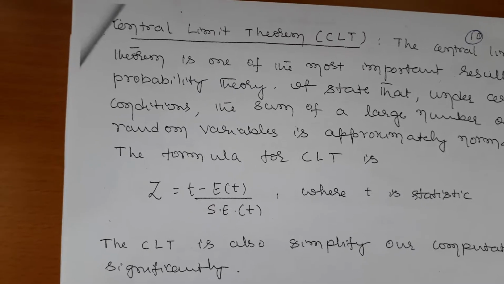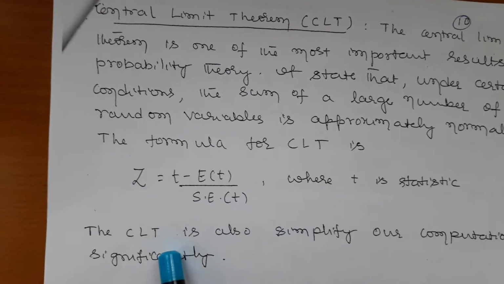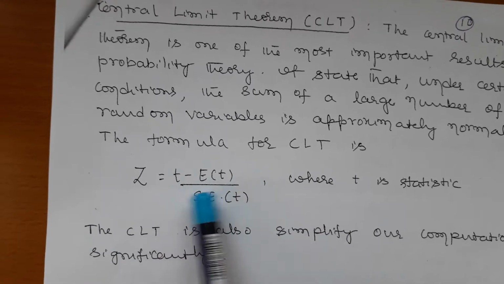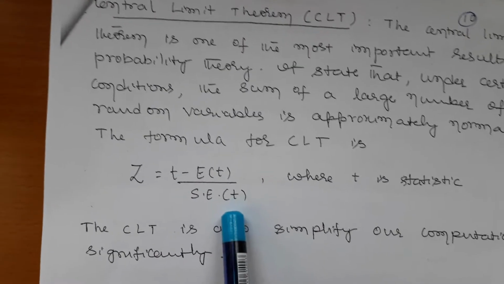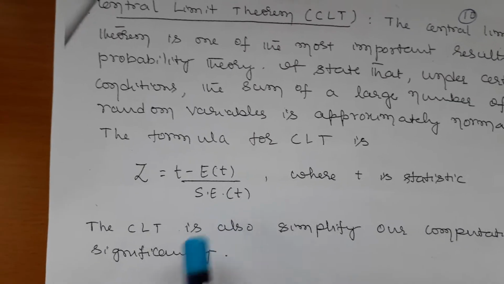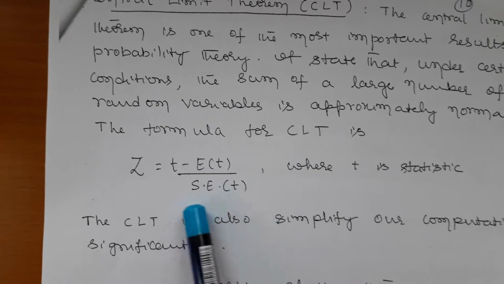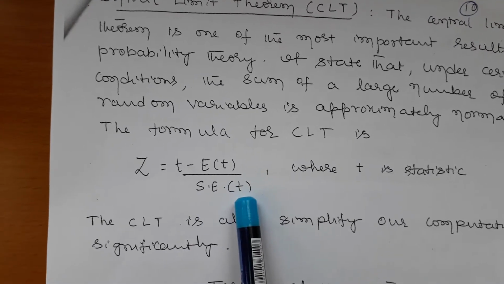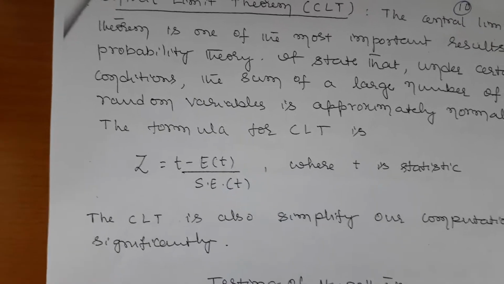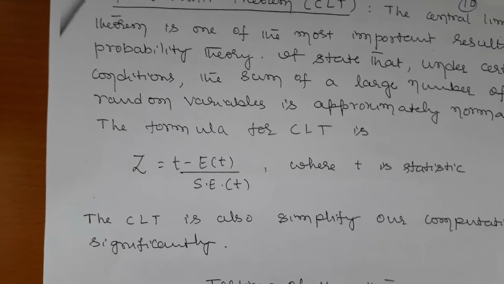I have to convert the random variable x into a standard normal variate. There we are going to use the central limit theorem, t minus E of t divided by SE of t. You can't use the original normal distribution formula. We consider the sample as normal, and now we are using this. SE means standard error of the corresponding statistic. Statistic means mean, variance, standard deviation or proportion of the sample.